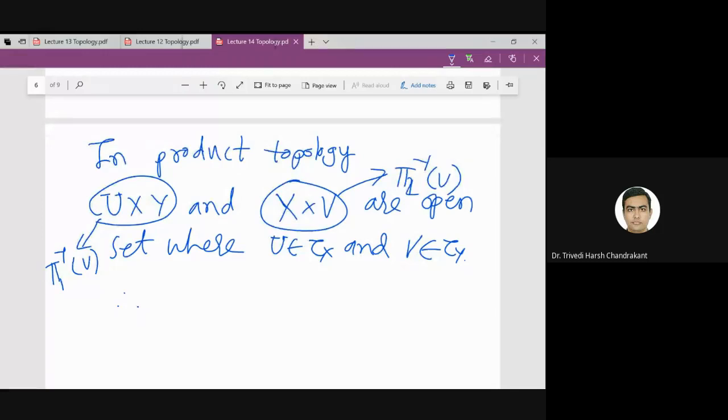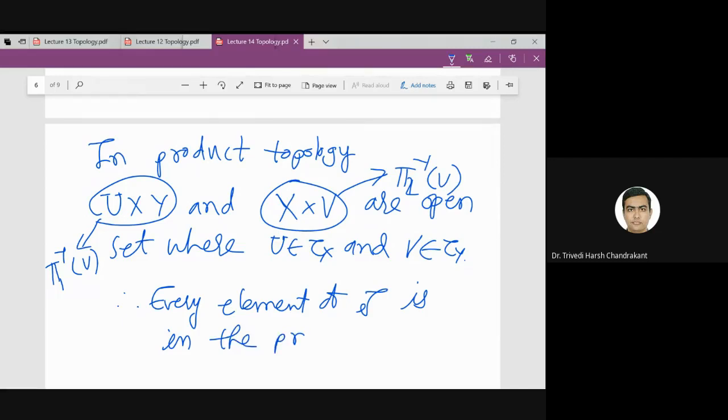So therefore, every element of S belongs to the product topology. What is the notation for the product topology? That is tau.